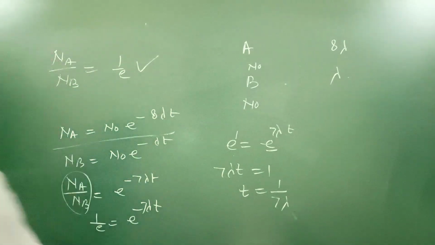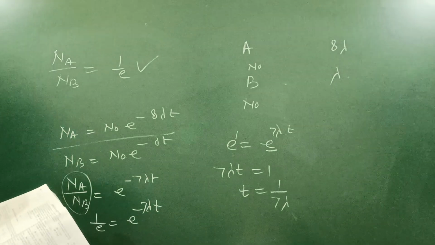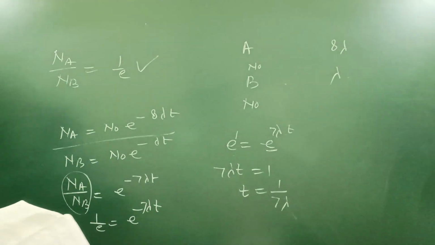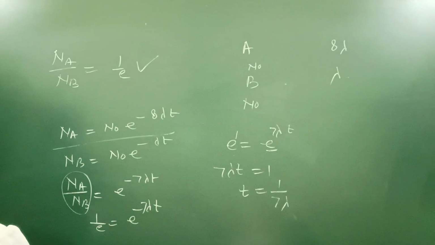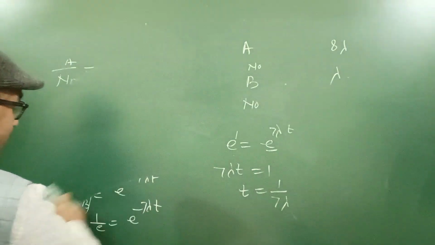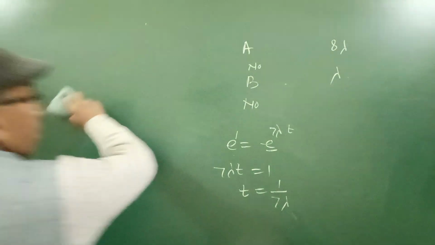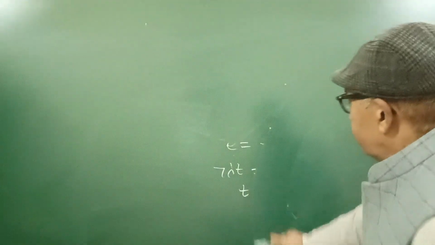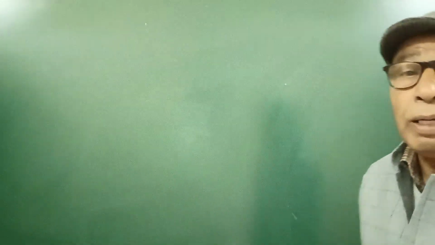The options are: A 1 upon lambda, B 1 upon 7 lambda, C 1 upon 8 lambda, D 1 upon 9 lambda. So 1 upon 7 lambda is the correct answer. This question was asked in NEET 2017. I hope you will be getting the solution.